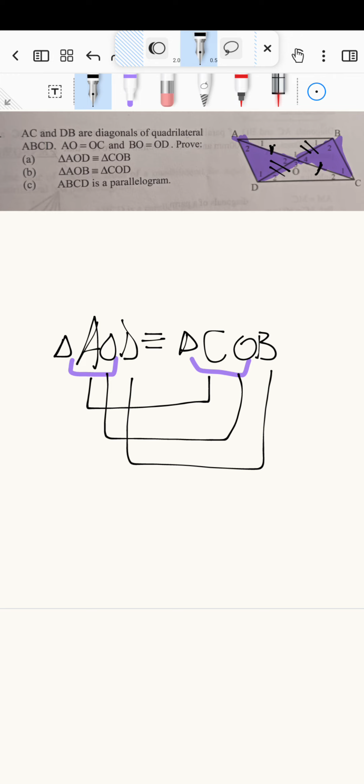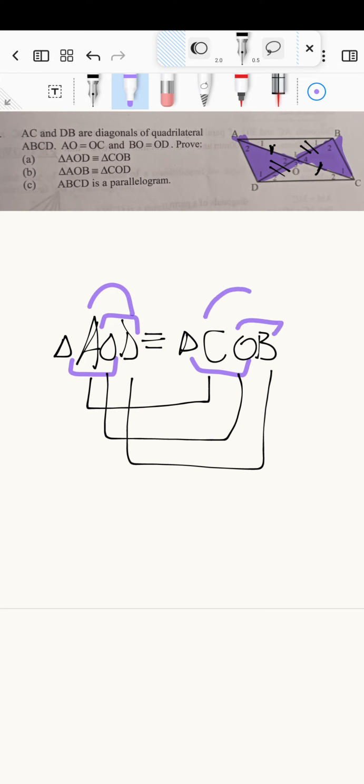The order of the letters would also tell us that OD and OB would be equal to each other. OD, OB, okay, that was also given information, right? The order of the letters will also tell us that first and last, so AD and CB, would also be equal to each other.